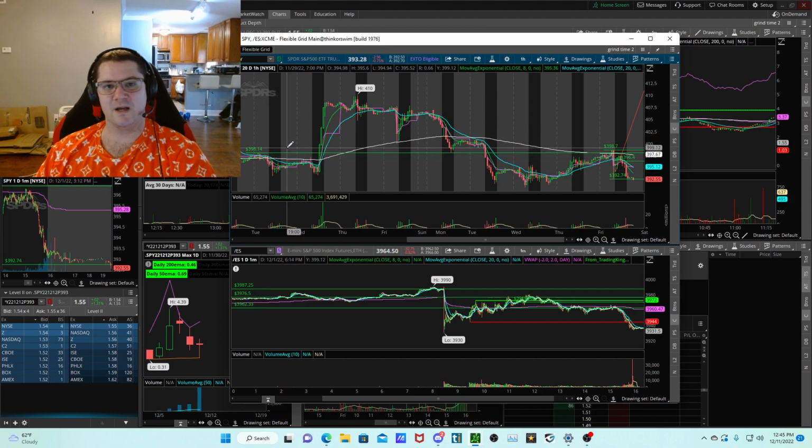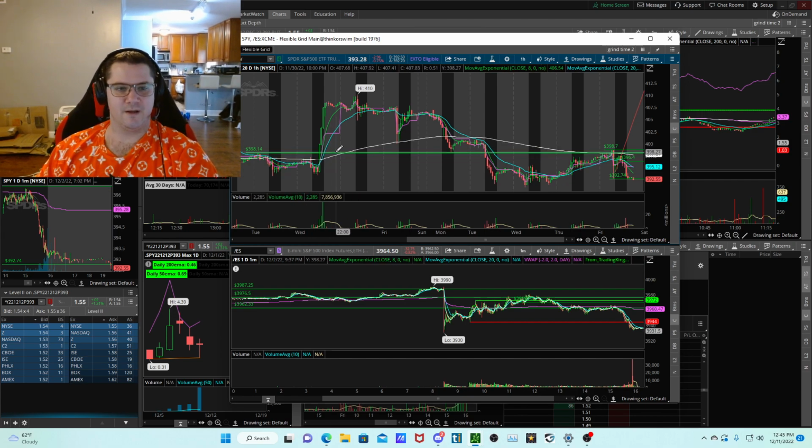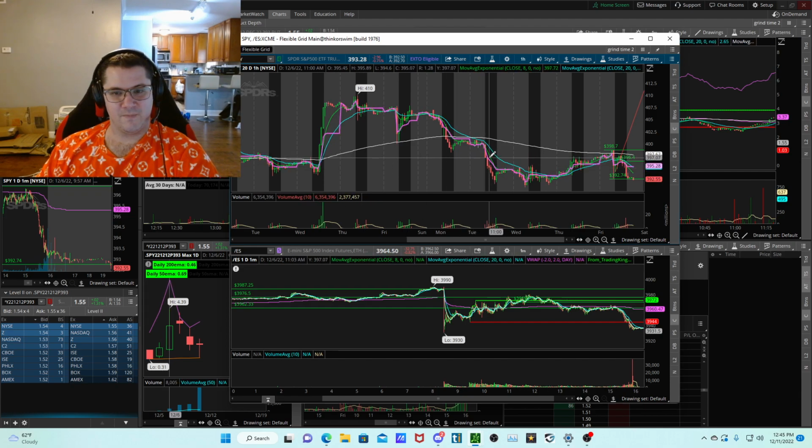What I like to do, guys, and it's nothing overcomplicated, I'm not some wizard or some genius, is try to find upper body wicks, whether it's the body, to identify a level. So I got these connections right here, and right here. You got this zone, these levels right here.